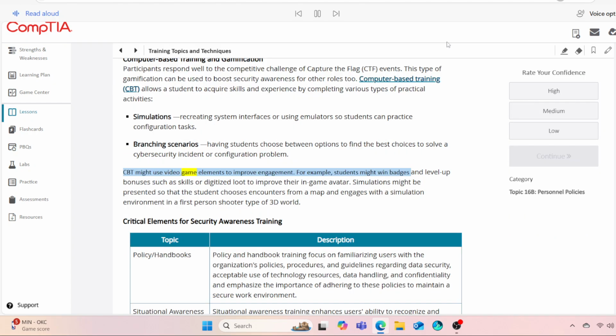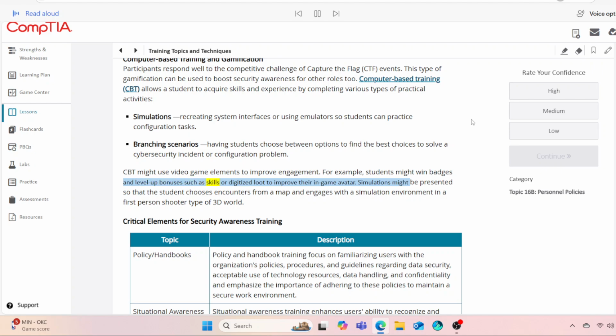CBT might use video game elements to improve engagement. For example, students might win badges and level up bonuses such as skills or digitized loot to improve their in-game avatar. Simulations might be presented so that the student chooses encounters from a map and engages with a simulation environment in a first-person shooter type of 3D world.